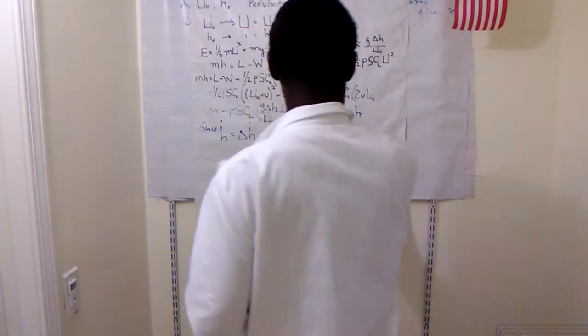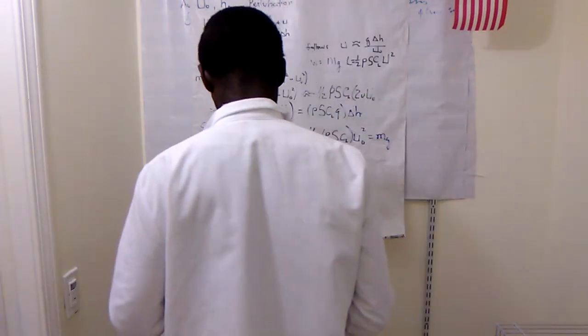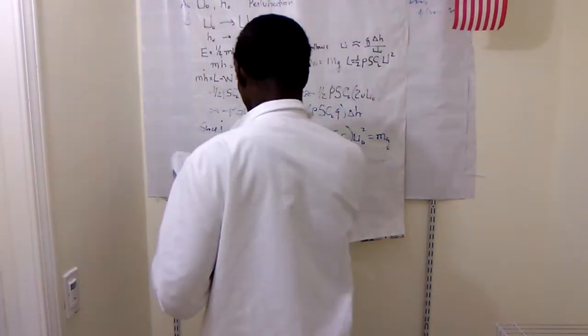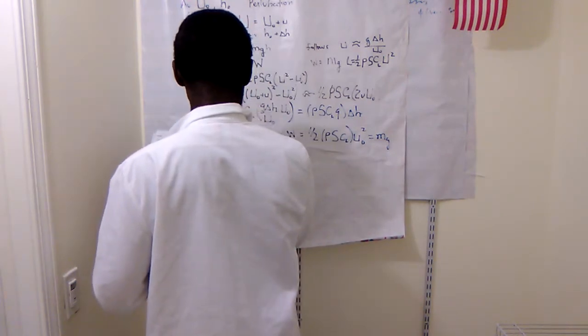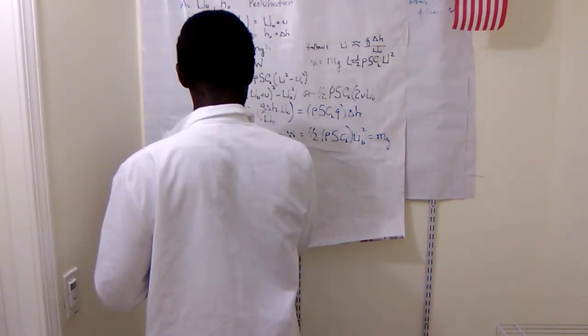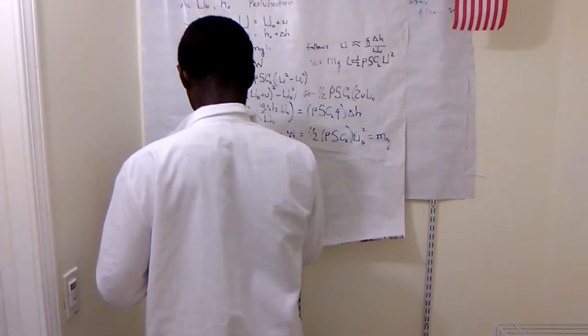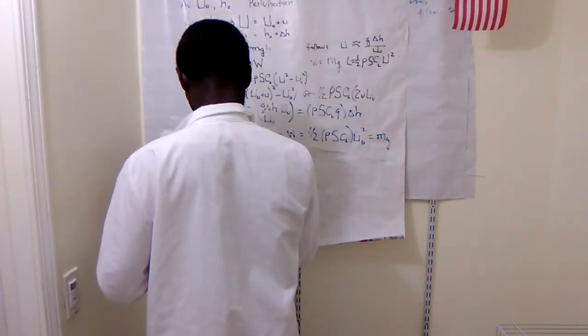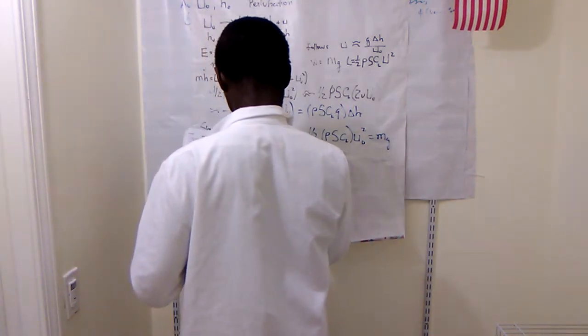Mg is equal to W, which is over here. We get now that rho, wing area of airplane, C sub L, gravity over mass will be equal to 2 g over u sub 0 squared.